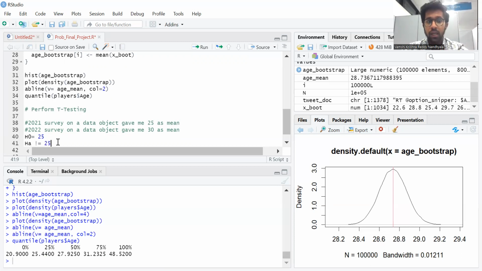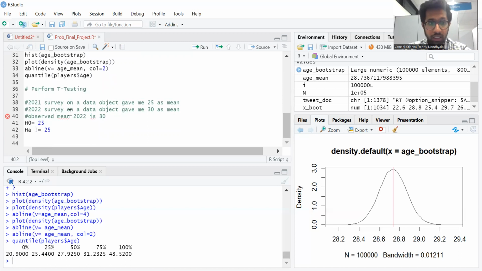That means the observed mean in 2022 is 30.